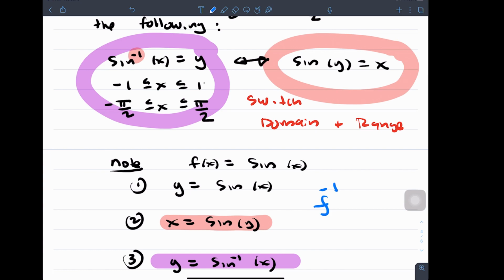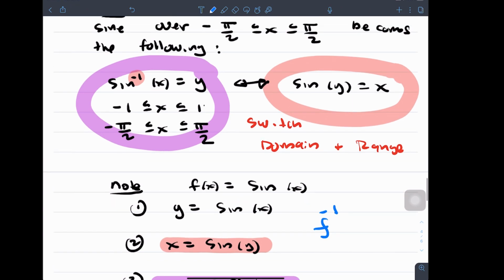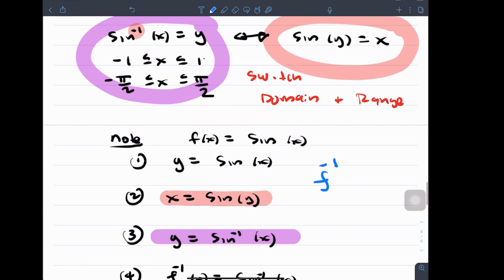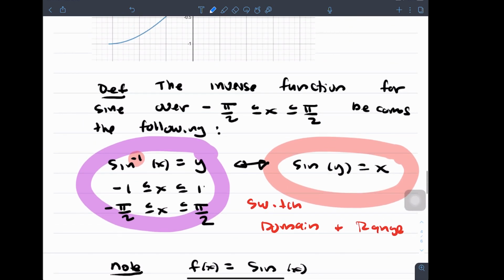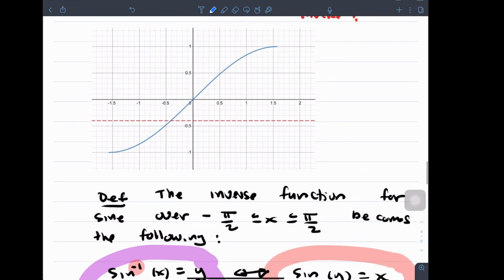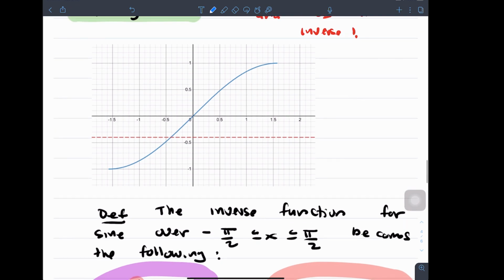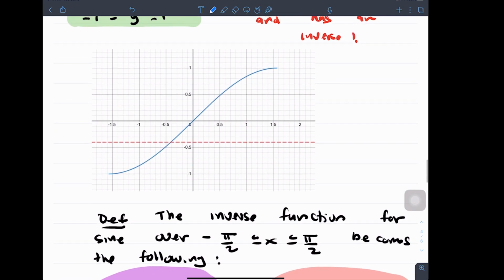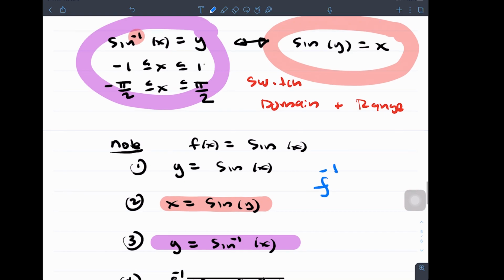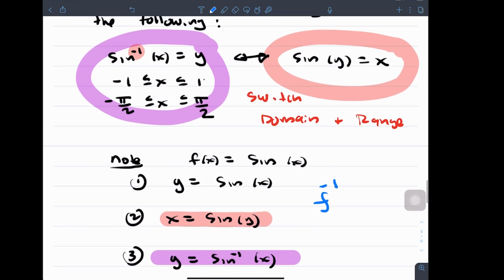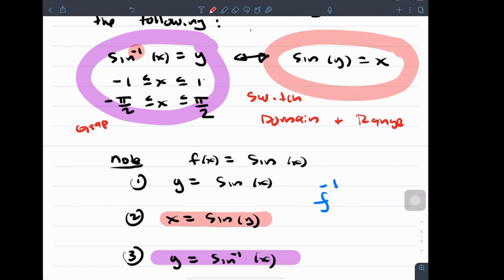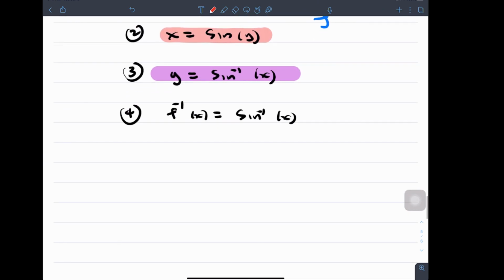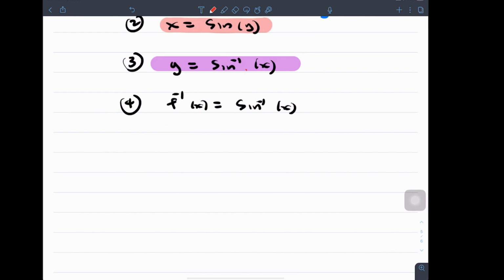This is all that. So the question now becomes, since we have this here, this is what we'll be using. This is the sine curve with a restricted domain. But then the question becomes, how do we graph this? Do you guys remember the relationship between a function and its inverse graphically? Back in those courses too, there is a relationship.